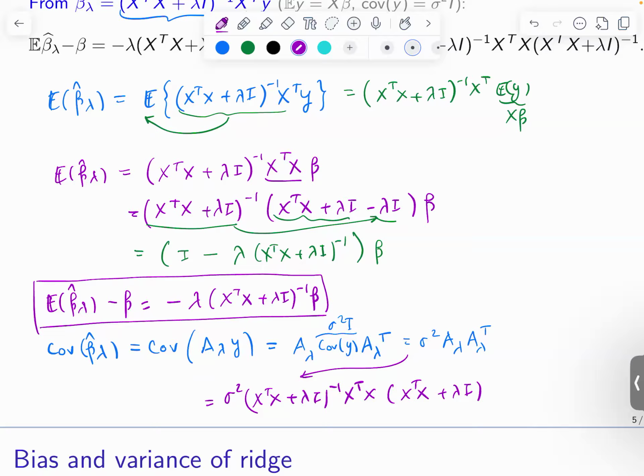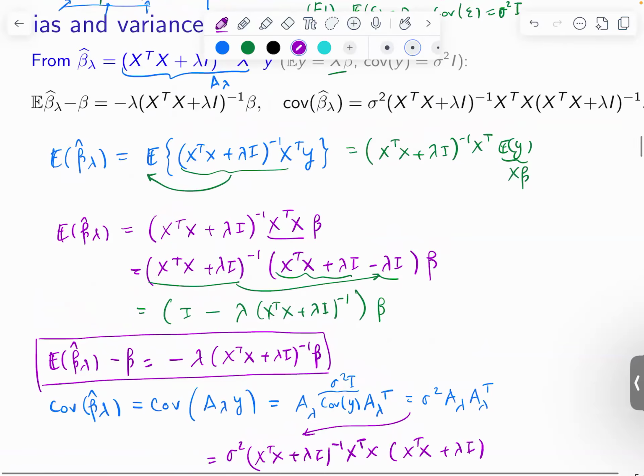Not very good looking and not very informative in this form. But there it is. This matches what I have above here. Questions?